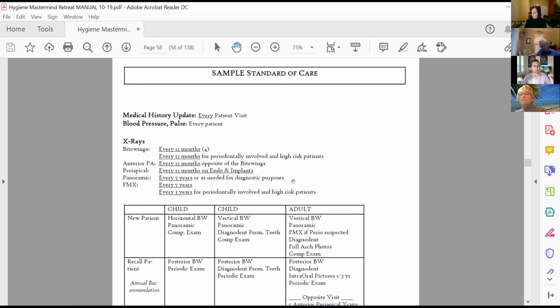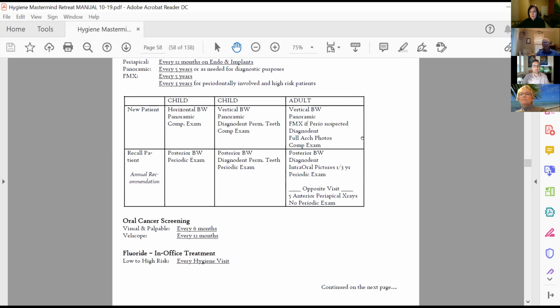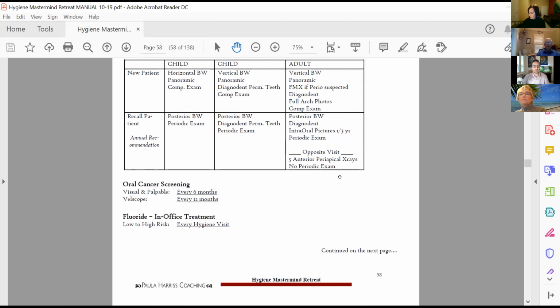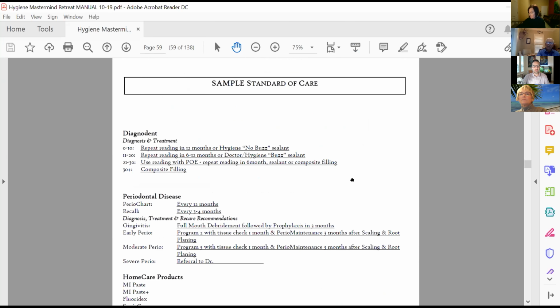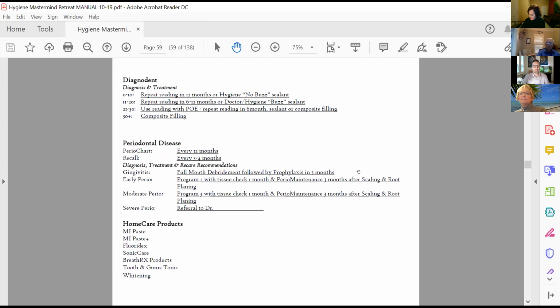As insurances change the code from 0220 to the new code, you'll start to see that. So right now, we're just doing the same thing. Let the insurances change when they're ready. They'll start dictating to us what we should change. Very confusing though.